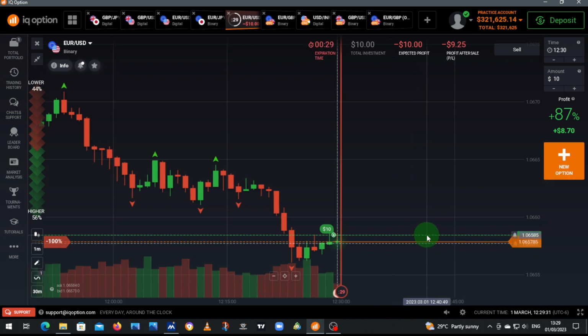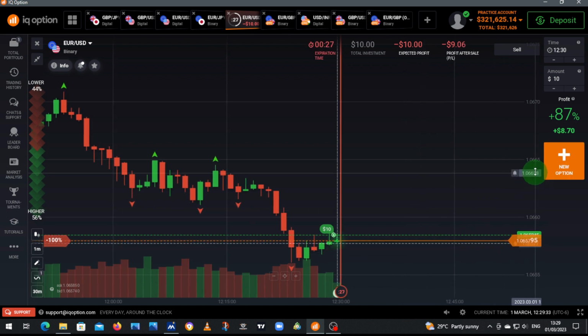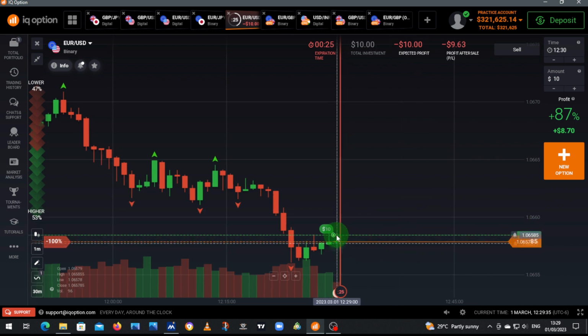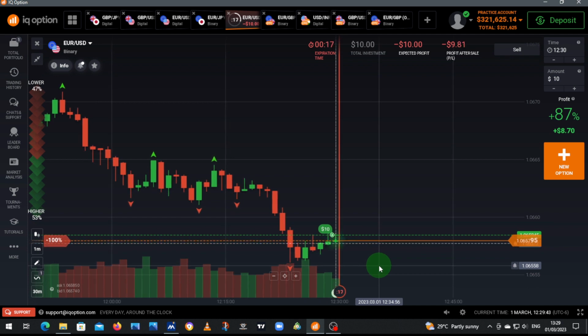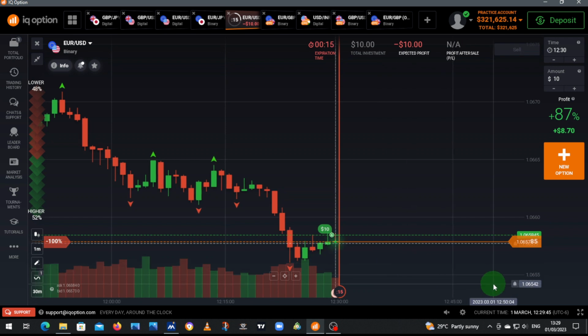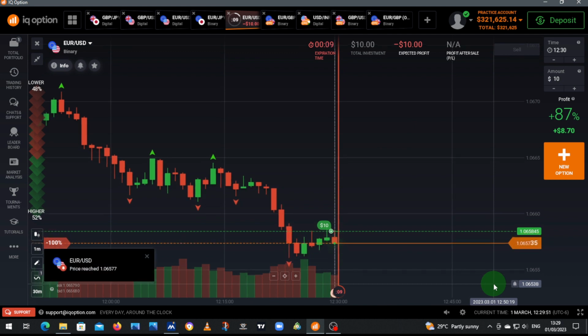For example, I only opened one contract here. In a case where you're hedging your trades, you're going to open two in opposite directions, and that helps you. You gain from it some of the time. If you're really good at it, you can gain a lot from hedging your trades.